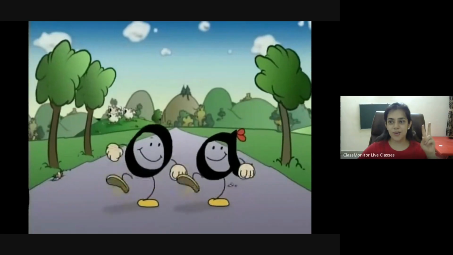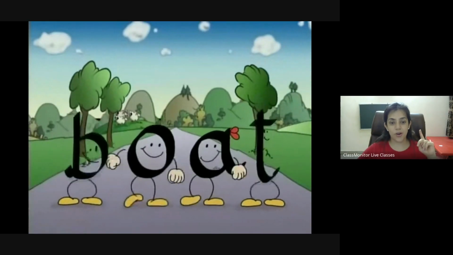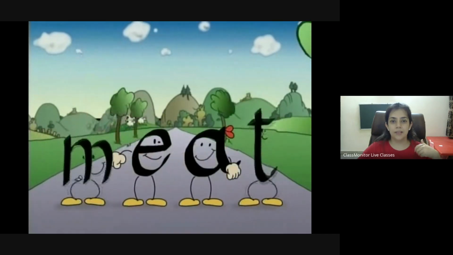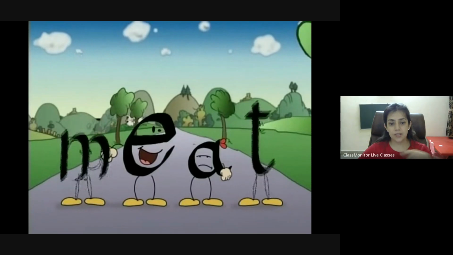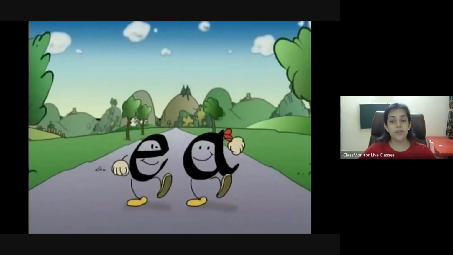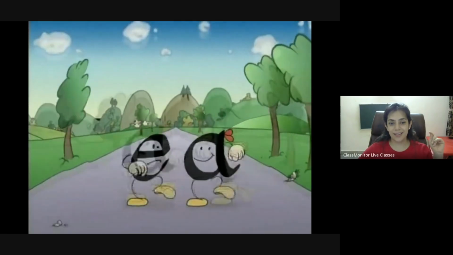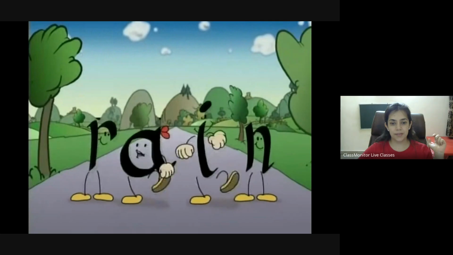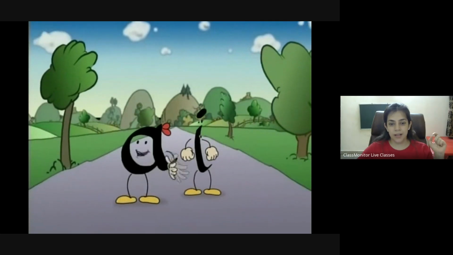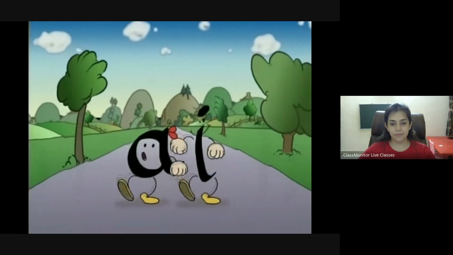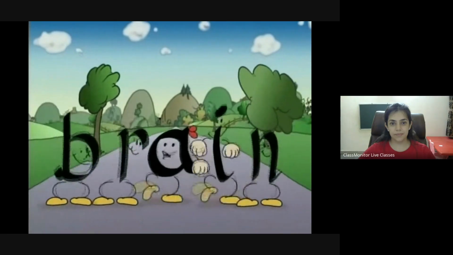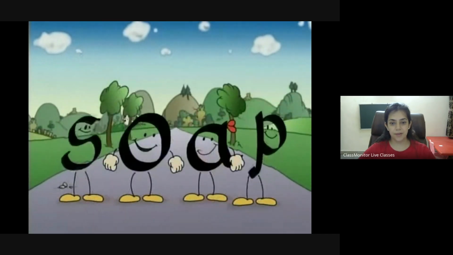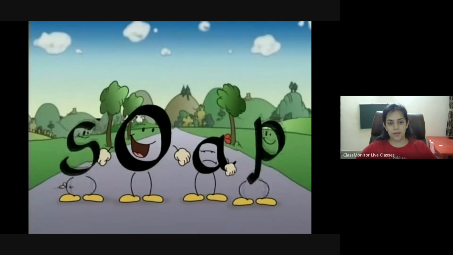When two vowels go walking, the first one does the talking. In boat you hear the O and not the A. In meat you hear the E. The A sits quietly. The second vowel you see, but you don't say. Just the two of us together in train and pale and rain. The A speaks up, the I does not. But let me explain. When two vowels go walking, the first one does the talking. In brain you hear the A, but not the I. In soap the O is clear, the A you'll never hear.